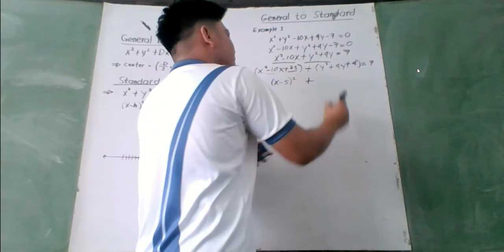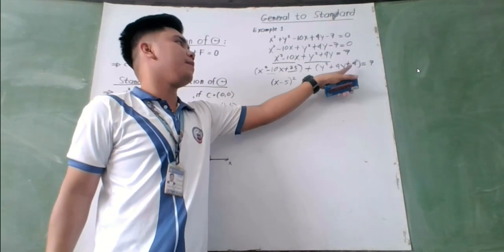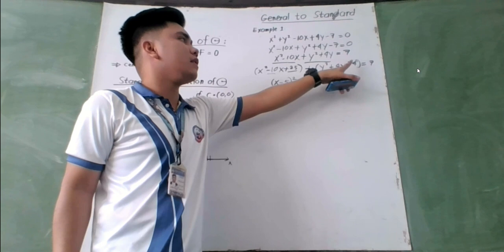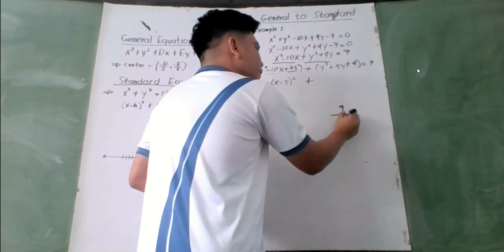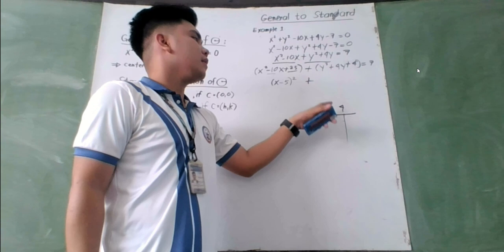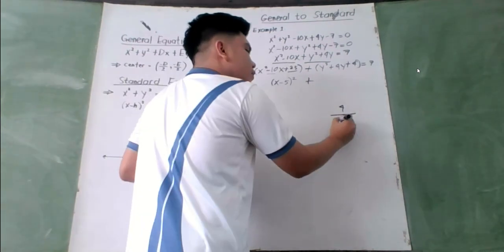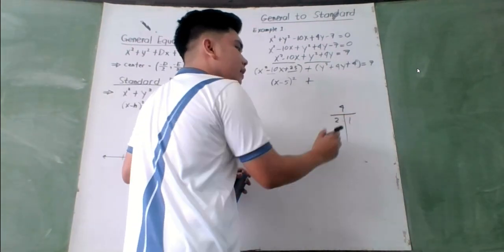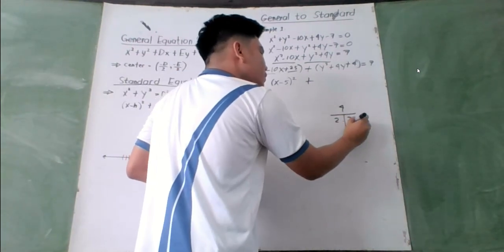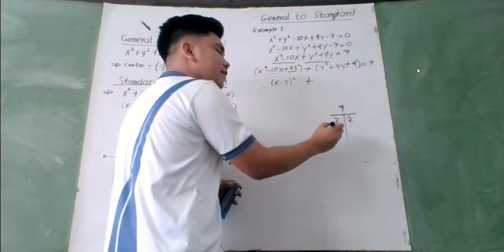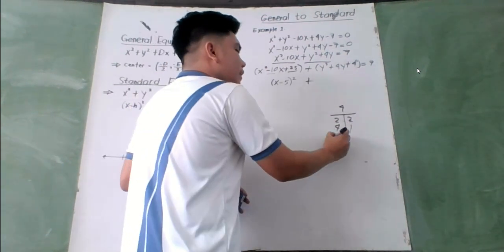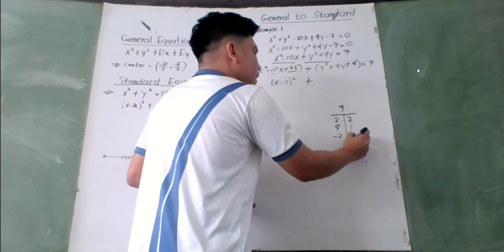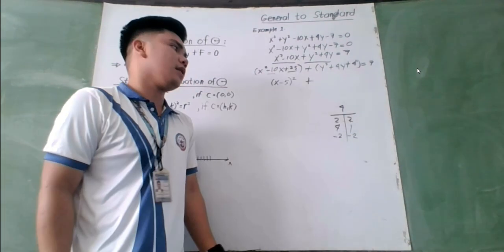The other one. y squared plus 4y plus 4. So again, find the constant, which is 4. You may have 2 times 2, or 4 times 1, or negative 2 times negative 2, and so on.